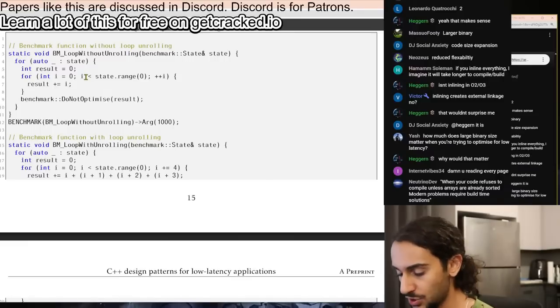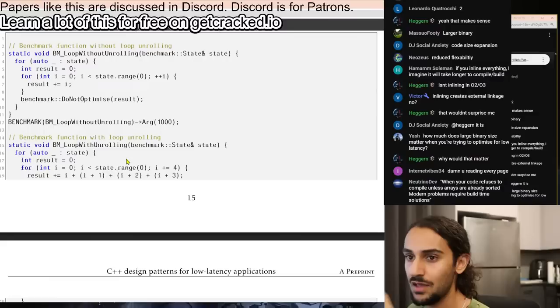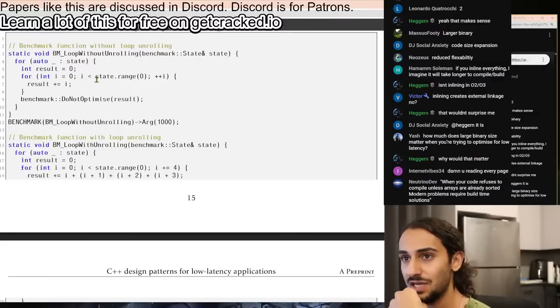But a misprediction will require you to flush all the speculatively executed code, and you will have a bubble in your pipeline. Pipeline bubbles slow down the process of computation and program execution. So here we do +1 every time, and we do this check, check, check, check, check, check. Here we do more work every iteration. We add 4.